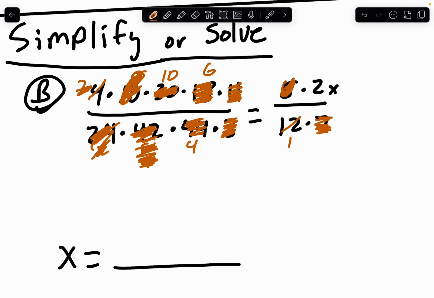Here I have a 2. Basically this goes away, and 4 would become a 2. Here I have a 2, it would just go away, and 6 would become a 3. Here I have a 2, would just go away, and a 10 would become a 5. And yeah, so I'm left with 5 times 3 over 1 equals x over 1.